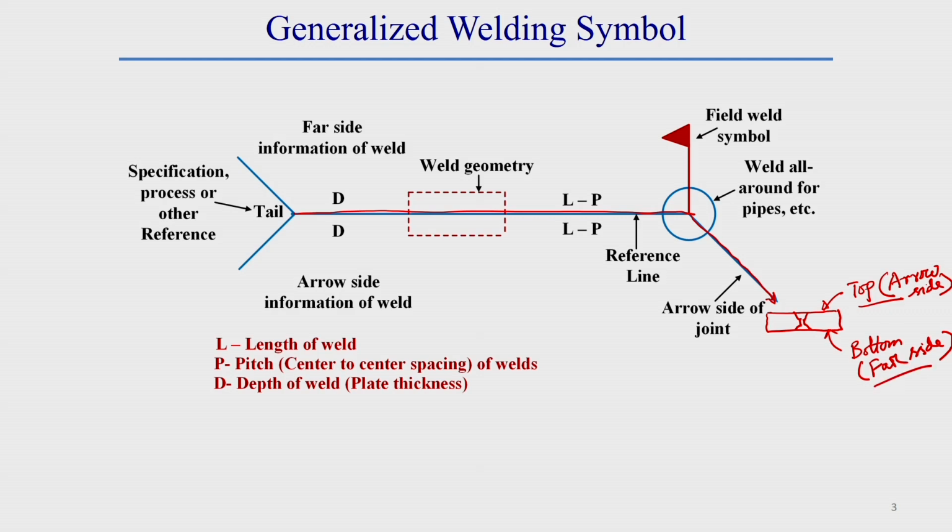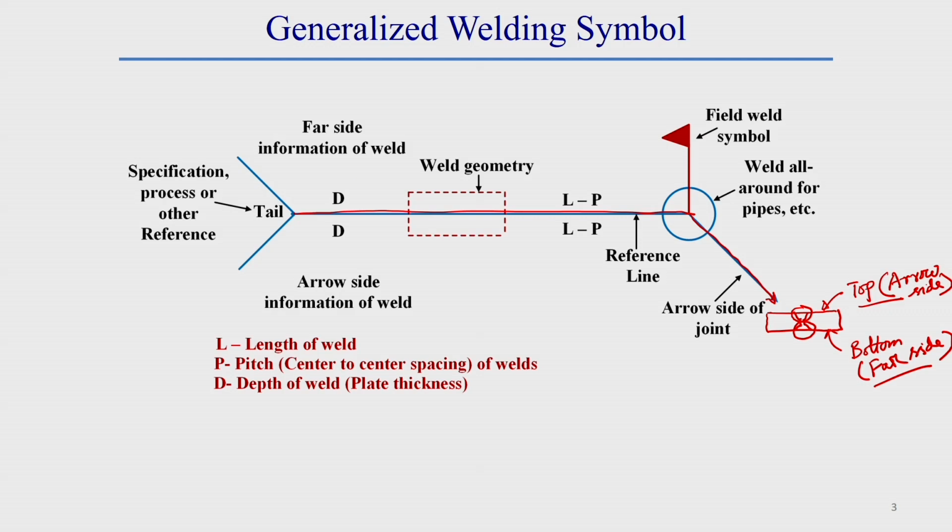Here we are interested in welding on both sides. On the top side we have to do some welding operation, and on the bottom side also. The details about the top side will be given below this reference line, and the details about the bottom side or far side will be given above this reference line.